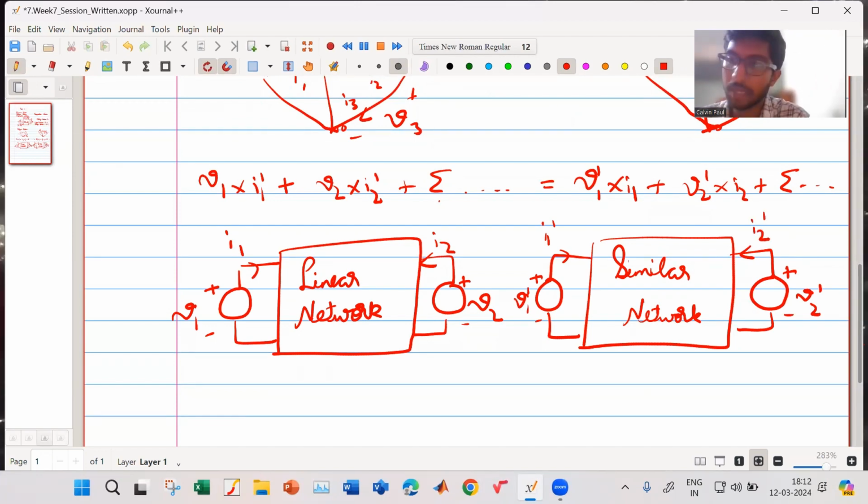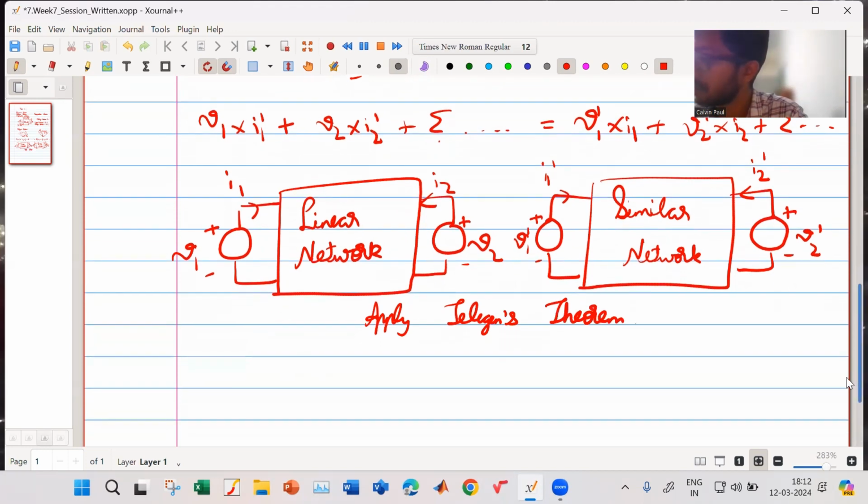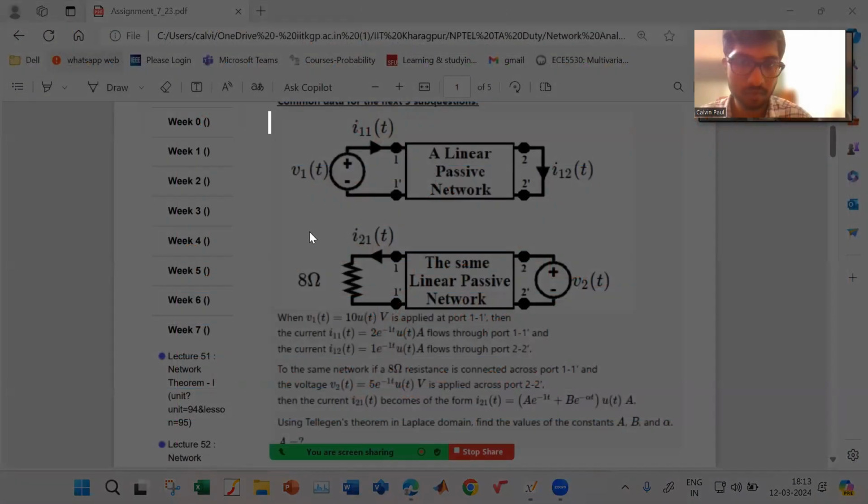If I want to apply Tellegen's theorem over here, what you will get is V1 into I1 dash plus V2 into I2 dash is equal to V1 dash into I1 plus V2 dash into I2.